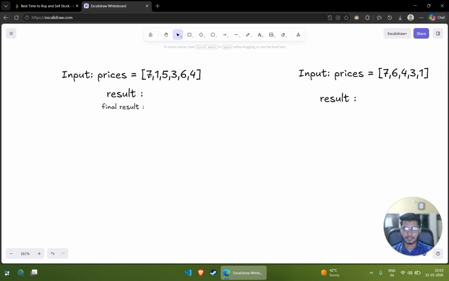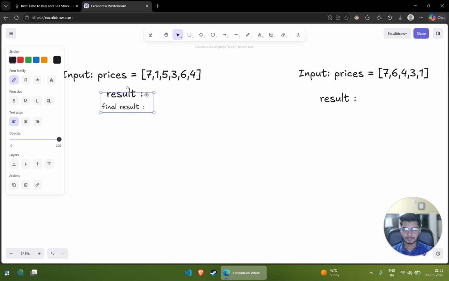So if I buy at the price 7, in the remaining array, you cannot see any number which is greater than 7. For example, if I take element 1 and sell at price 6, I can achieve the profit of 6 minus 1, which is 5.